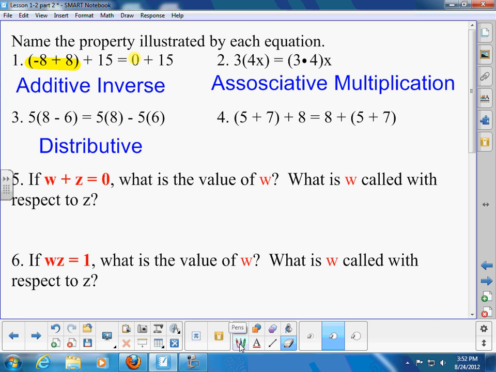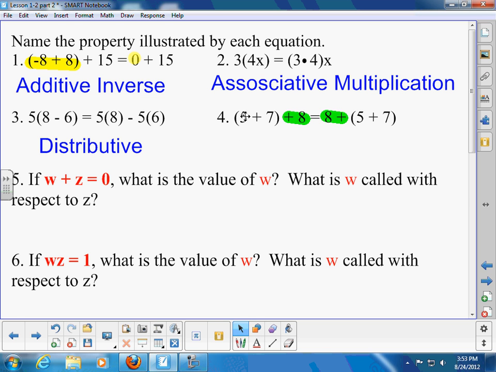And on number 4, we need to pay, again, close attention to what's changing from the left side of the equation to the right side of the equation. Some people focus on the parentheses, others focus on the 8. Notice the placement of the 8 on the left, and the placement of the 8 on the right side of the equal sign. We also want to look at the 5 plus 7, because sometimes it is what's in parentheses that's changing.